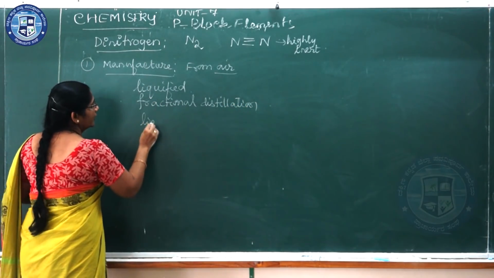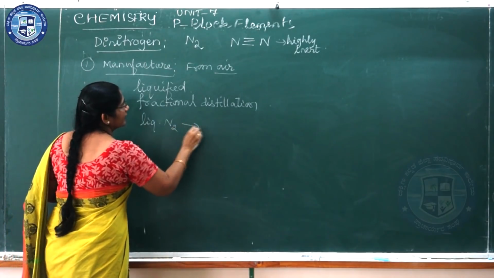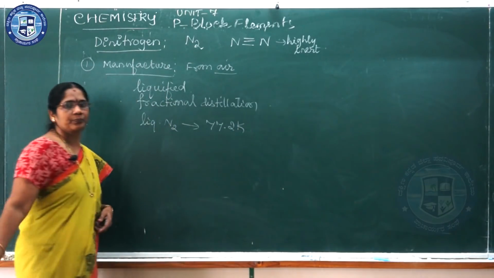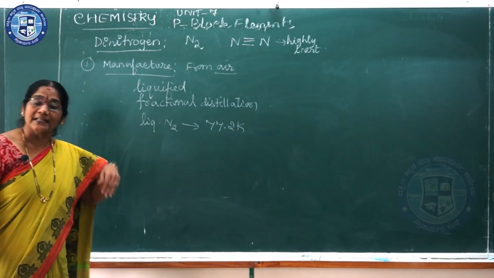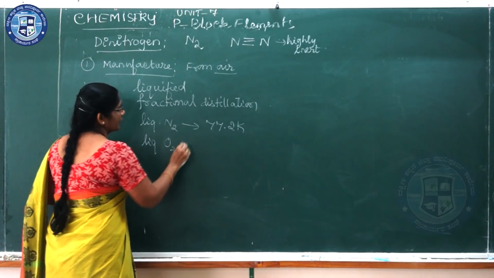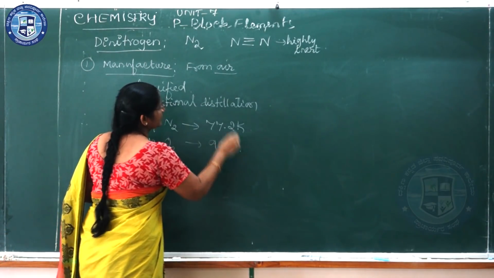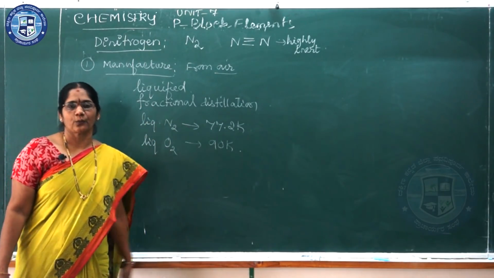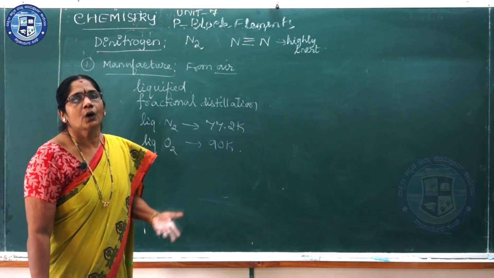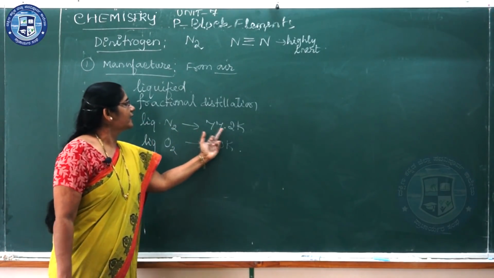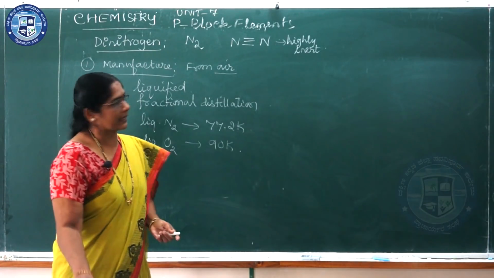Then liquid nitrogen with the boiling point 77.2 Kelvin boils out first, leaving behind liquid oxygen whose boiling point is 90 Kelvin. So liquefaction and the subsequent fractional distillation of the air will give you nitrogen which boils out at 77.2 Kelvin.